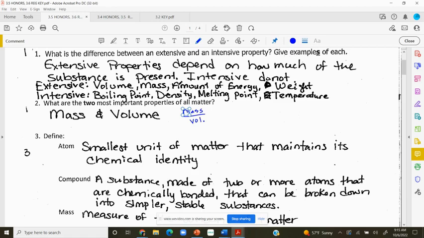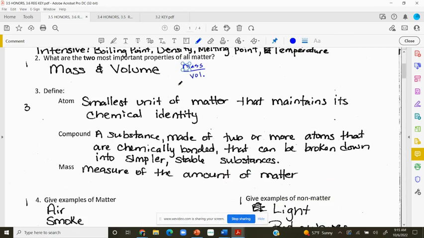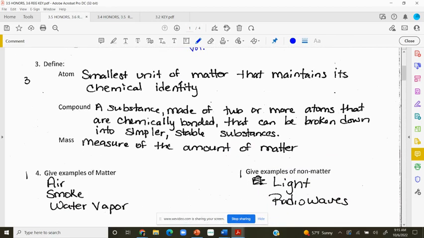Okay. We talked about definitions as far as atoms and compounds. Remember, atoms, if we were to do a particle diagram, we would just have one, or we might have two at the most bound together. These are called diatomics. That definition will not be on your test. I'm just explaining it to you.